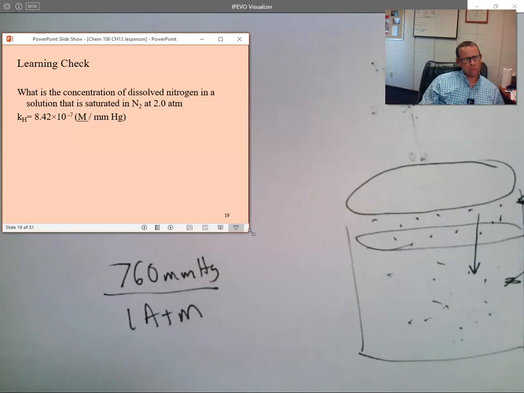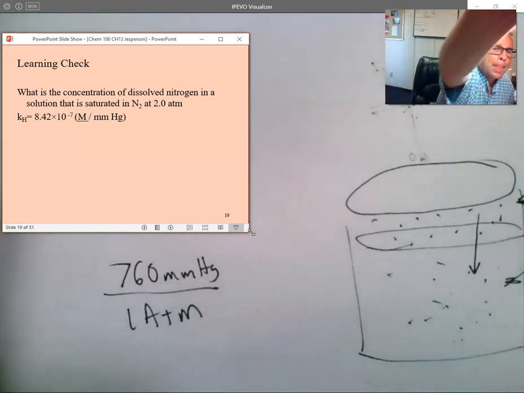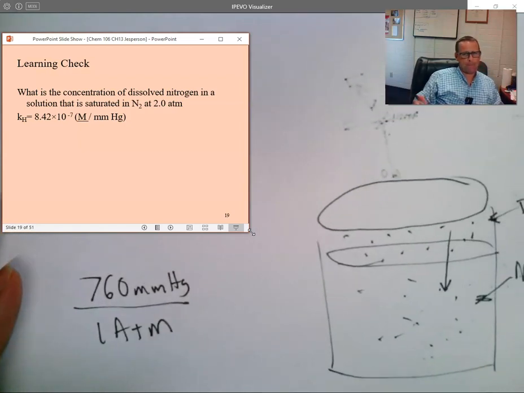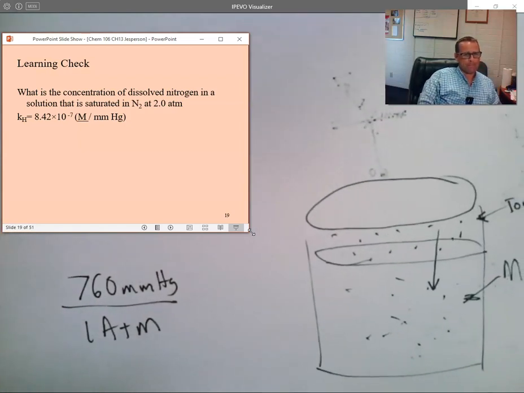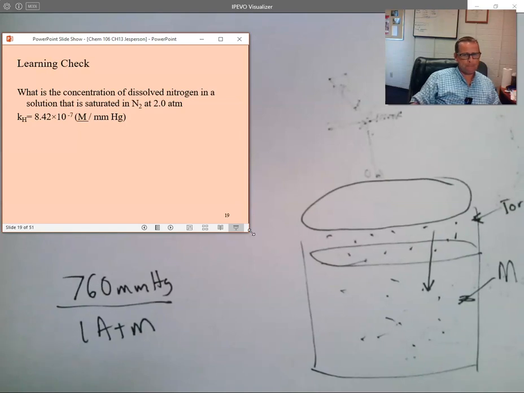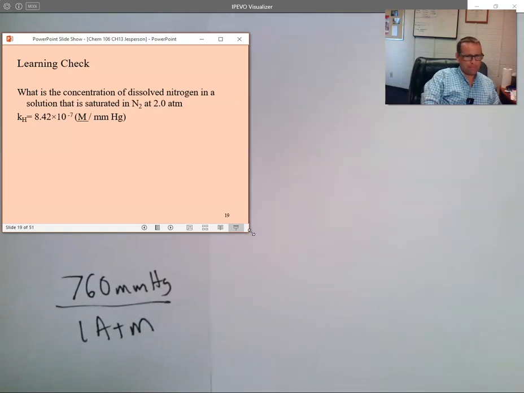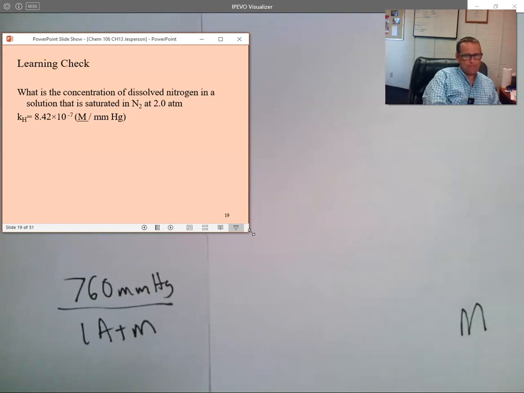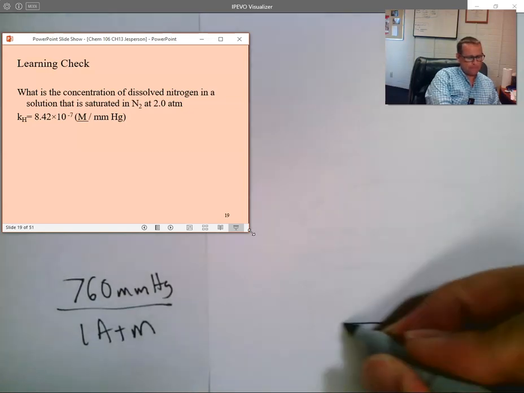So then what else are we going to do with that? How are we going to proceed here? If it's asking for the concentration, we'd want to make a conversion so the molarity's on top. So we could use the constant of molarities over that and then have the converted atmosphere.